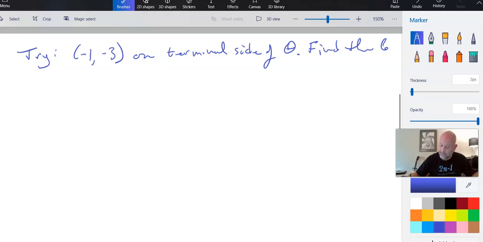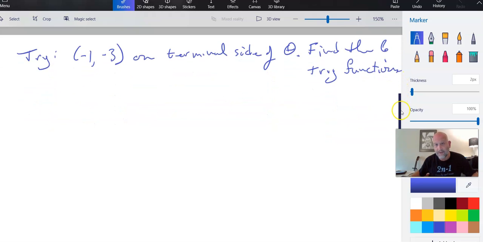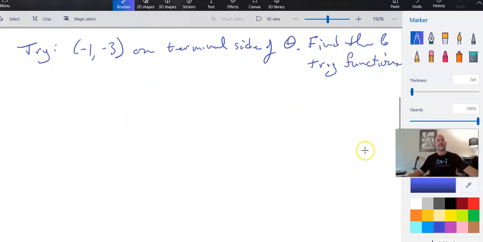Sorry, my handwriting's getting worse here. Let's try that again. Yeah, I know I scrawled that out really fast, but it's the same problem as the last one, just with a different point. So go ahead and pause it here and see what you can do.